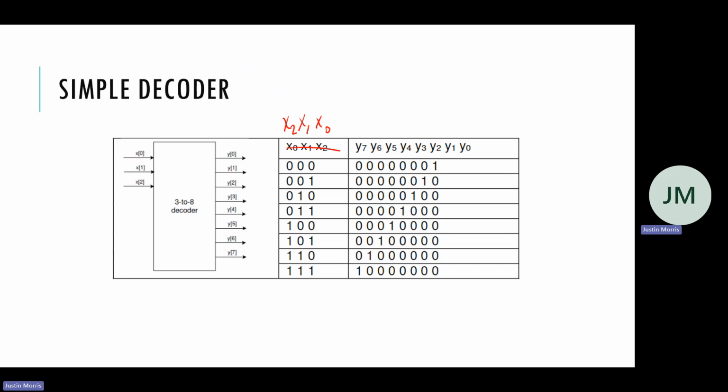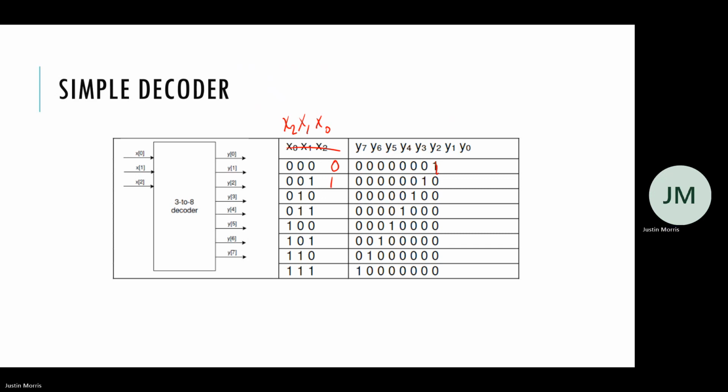And our decoder, it's fairly simple, right? If the input is binary representation of 0, then the output, the 0th index should be 1, everything else should be 0, right?